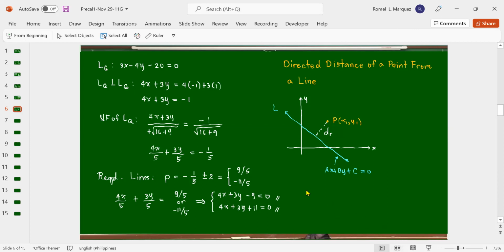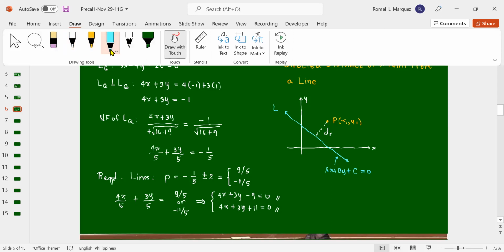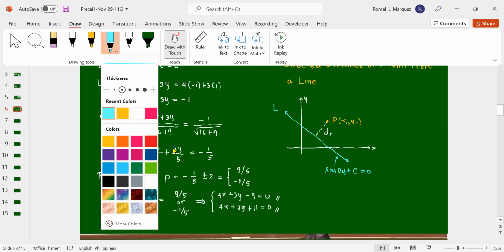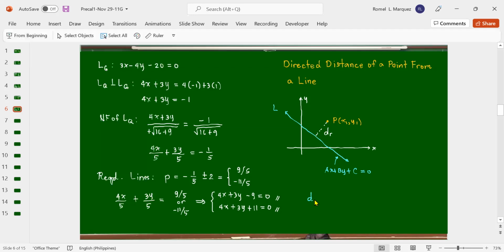So, the directed distance denoted by D sub R is given by this. So let's use color. The directed distance D sub R is equal to, I'm not going to derive.